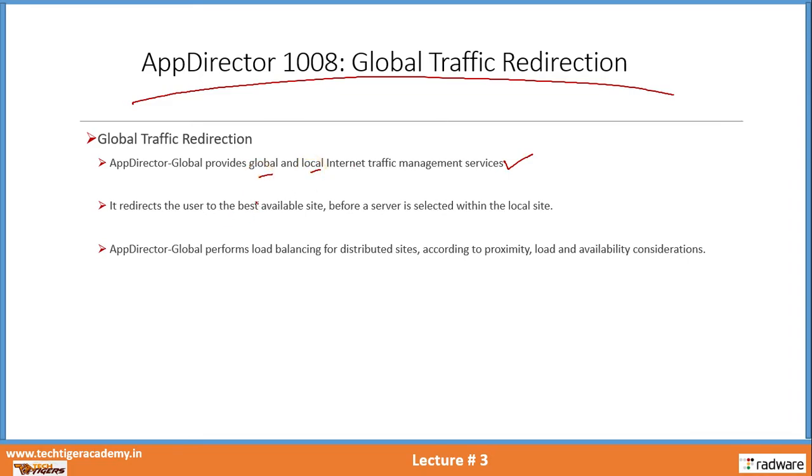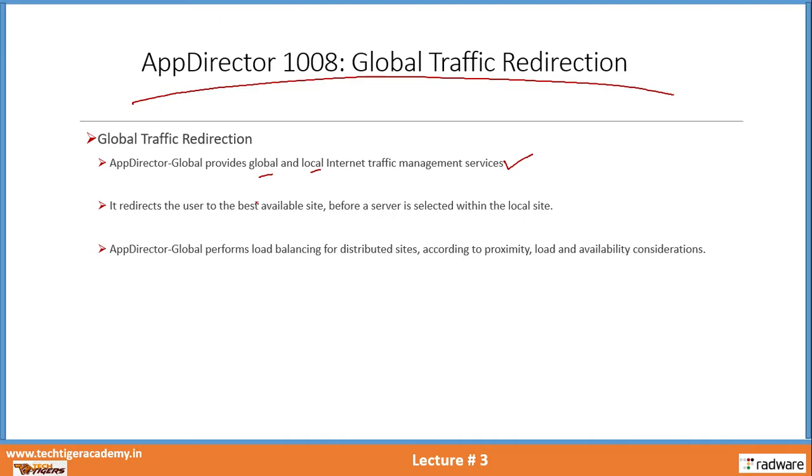What does global mean? Let's say the website is TechTiger-Academy.in, and people around the world are trying to access it. If this website is hosted in India, the people connecting from Europe may face a lag.